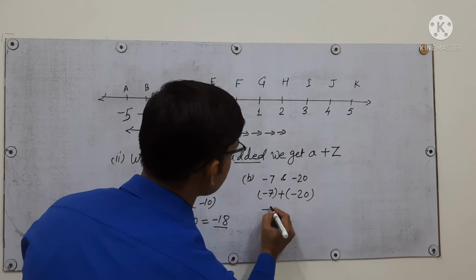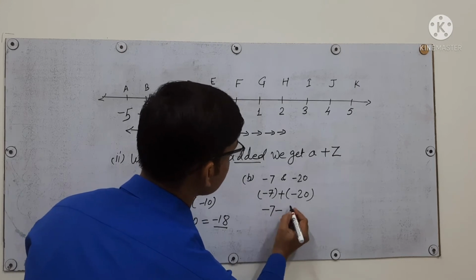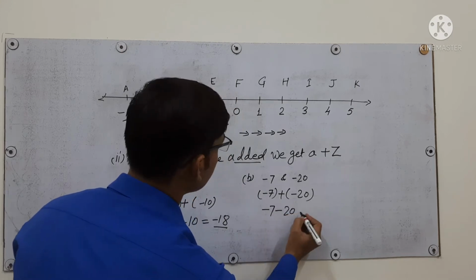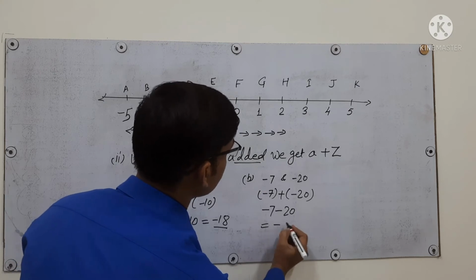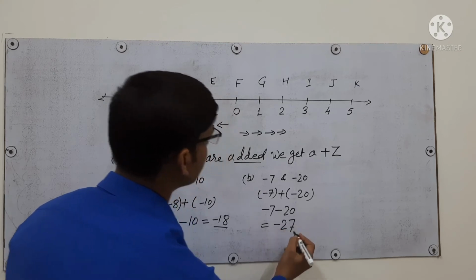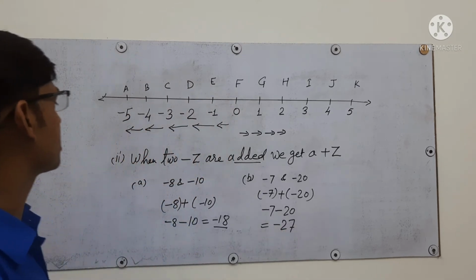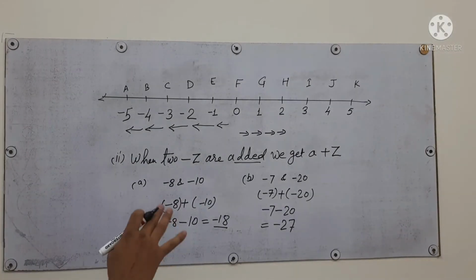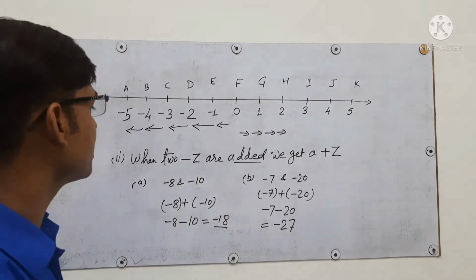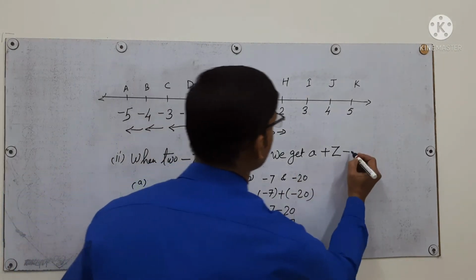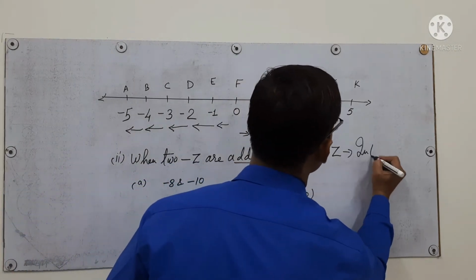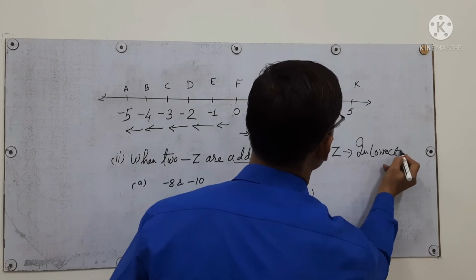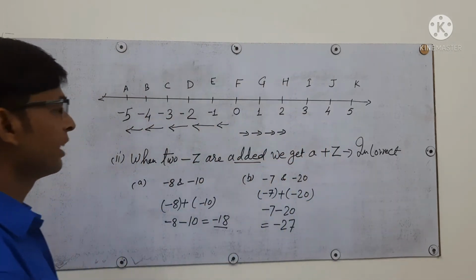Here it will be -7, and plus minus will be -20. So simply it will be -27. This is again a negative integer. But the statement is, when two negative integers are added, we get a positive integer. So this statement will be incorrect. You can mark in your book that this statement is incorrect.